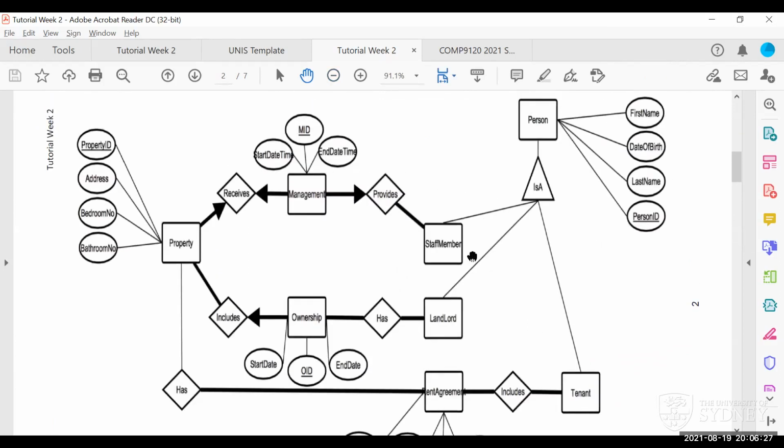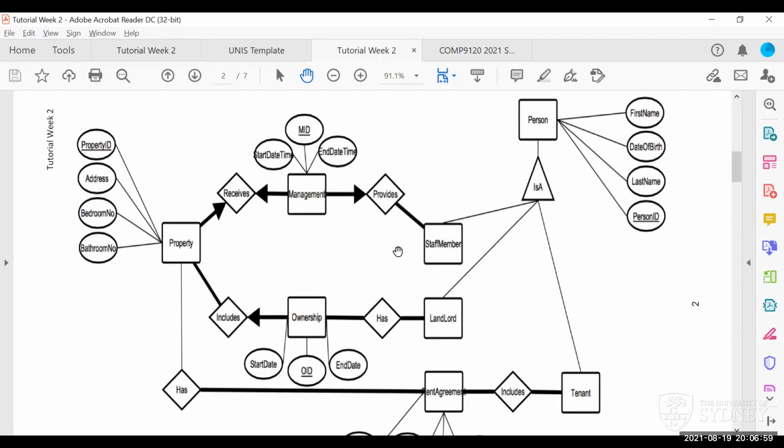So this is an ER diagram. Our task for exercise 1 is to identify errors or mistakes in this ER model. I'll give you a couple of minutes to read through the scenario, and then we'll have a look into this model.